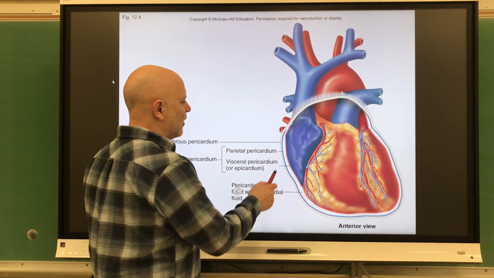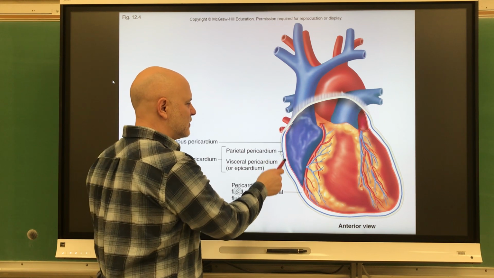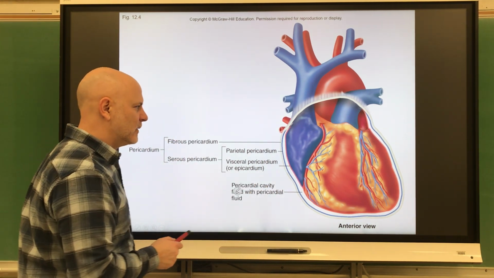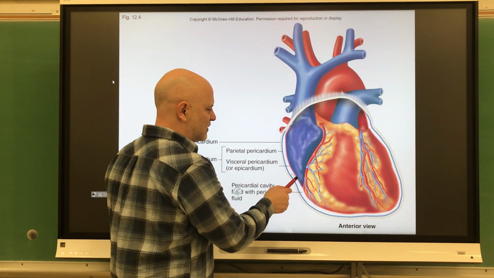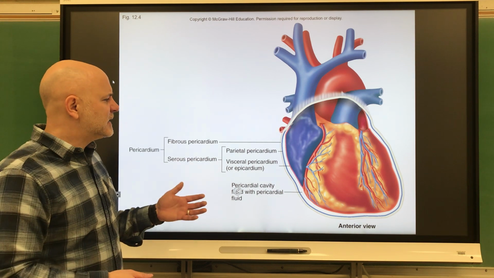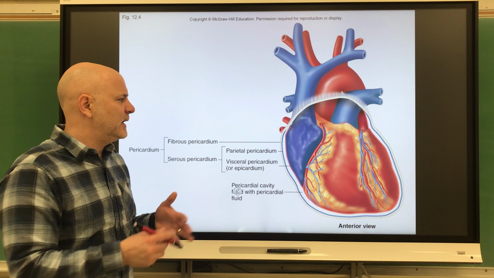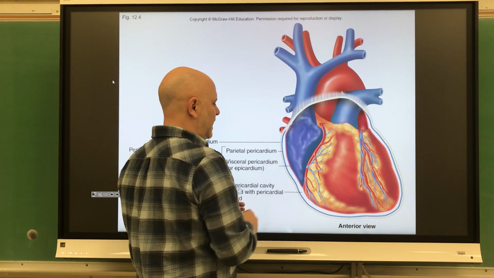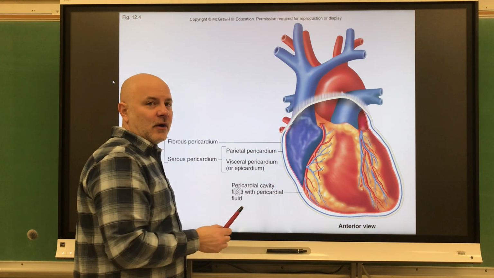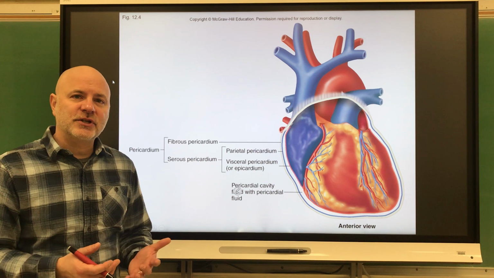Now, remember, serous membranes, they double back upon each other, and so this creates a cavity between those two serous membranes there. And so that space right there is called the pericardial cavity. Now, both these membranes are going to produce serous fluid, and if you guys remember back, serous fluid is a lubricant. So when our heart is beating, our visceral pericardium is moving into parietal pericardium, and both of those are producing that serous fluid, so it really reduces the friction here.